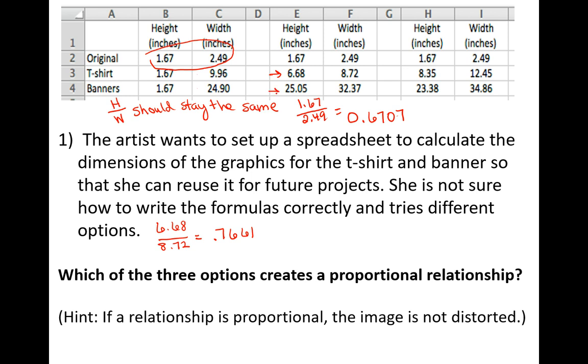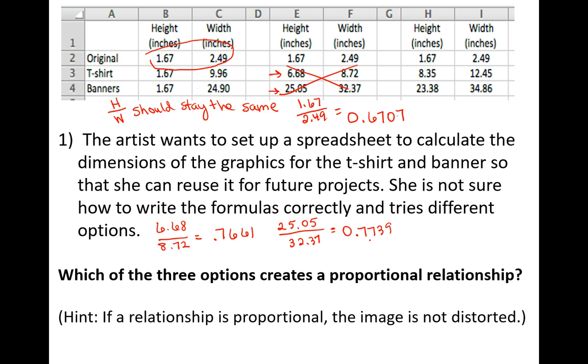Or if we do this one, we get 25.05 to 32.37. Each one of these times we're just looking at height divided by width. And that comes out to be 0.7739. These are similar, but they are not 0.6707. So I don't think this is working either.